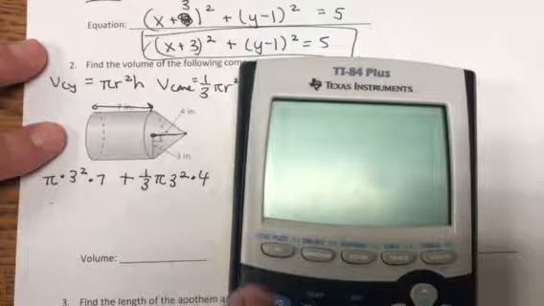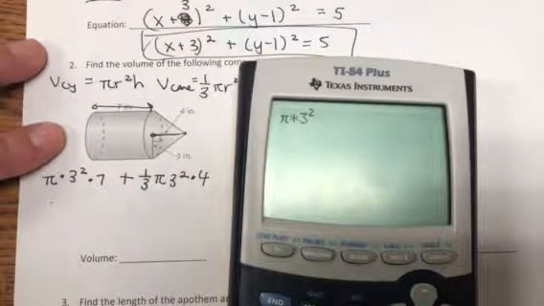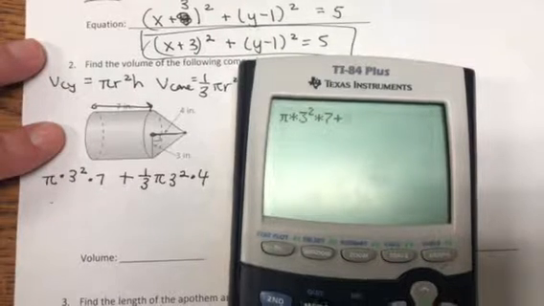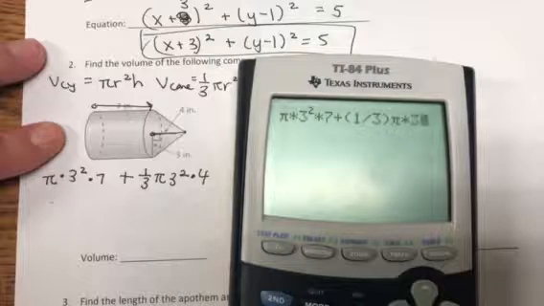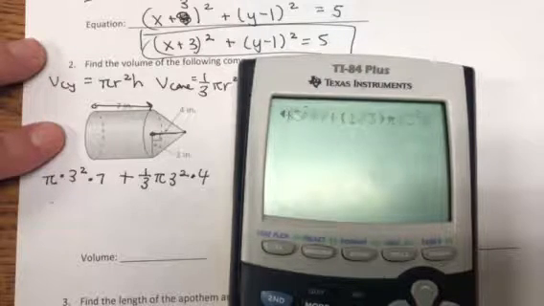So let's see, we're going to do pi times 3 squared times 7 plus 1/3, I'm not really even sure you need the parentheses, pi times 3 squared times 4.